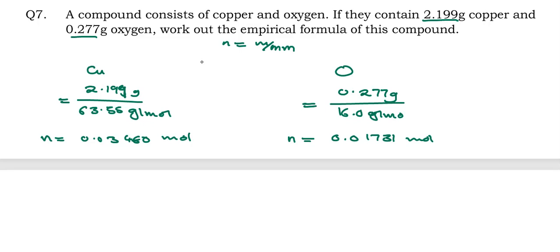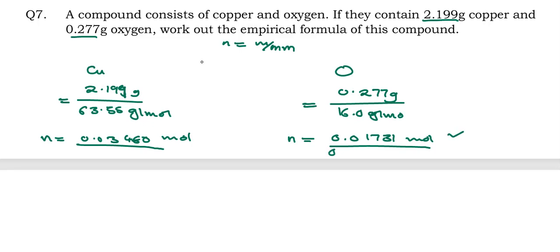Now that we have the number of moles, we are going to divide both by the smallest number of moles. Among the number of moles which we found, you can see that this one is smaller than this one.